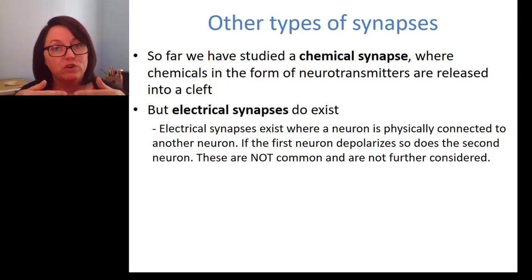And there's no release of neurotransmitter. Instead, electrical activity travels from the presynaptic neuron to the postsynaptic neuron. So we just have an action potential that travels from one neuron to the next. This is not common, but it does occur, so I did want to mention it.